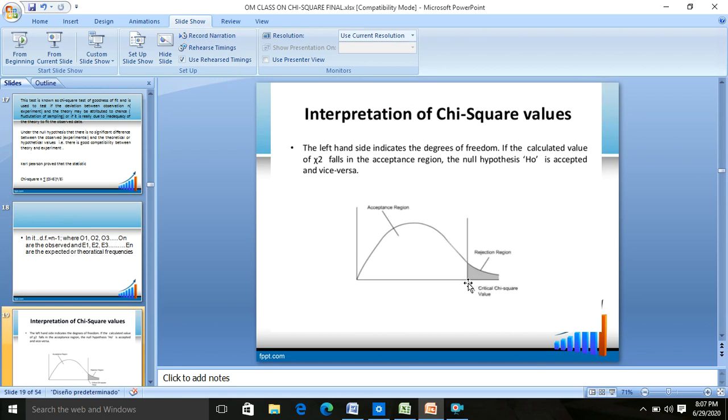If I say that my alpha is 0.05, it means I have a 5% probability of committing error, and I am 95% sure about the accuracy of the result. And when my alpha is 0.01, it means I have a 1% probability of committing error, and I am 99% sure about the accuracy of the result.